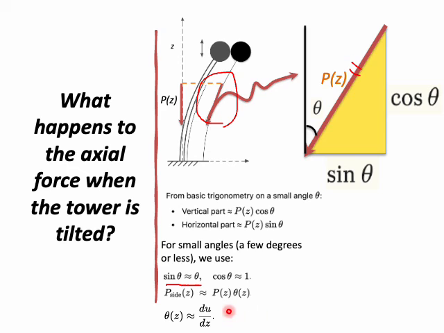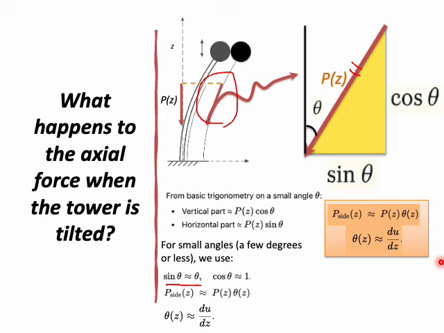If we now put these two equations together, we get our objective for this video, as shown by this equation, in which the horizontal part of the axial force is related to the multiplication of the axial force by the derivative of the displacement at any given height.